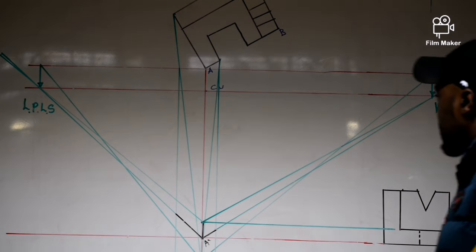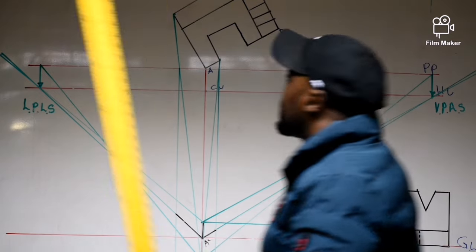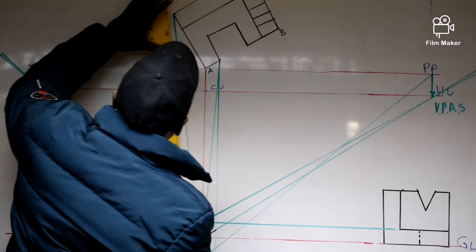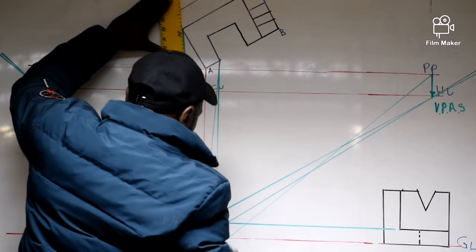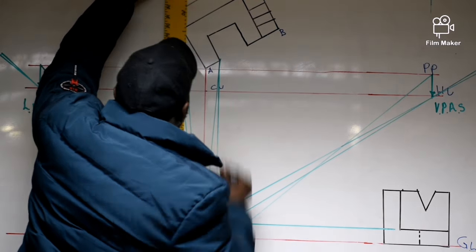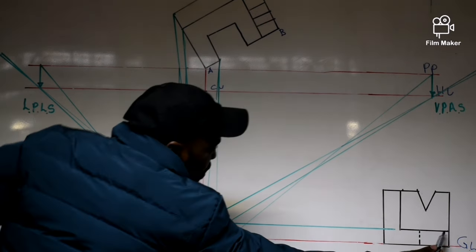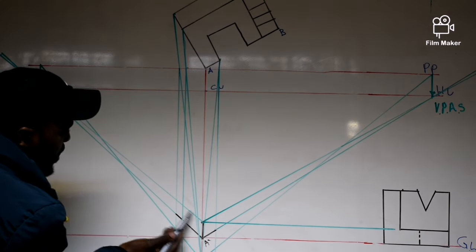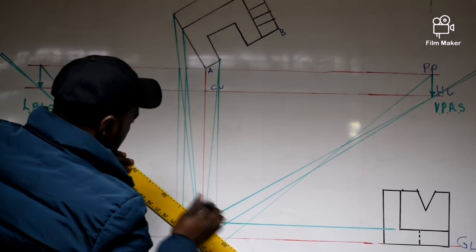You take this point, direct it to your stationary point. Once you touch the picture plane, it goes vertically down, my brother. So there it is, which means now I can have it solid from here. If I'm moving from here till here, it's from here to there. This one is that point. Dark.